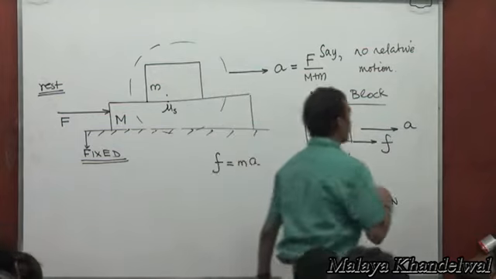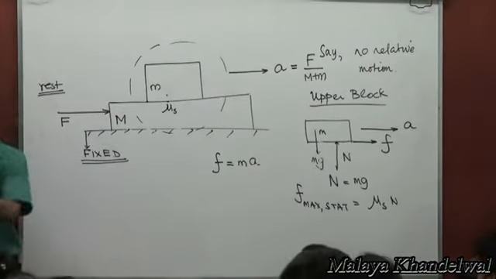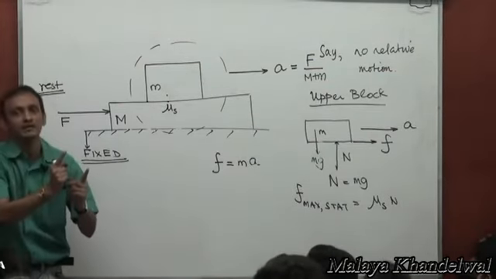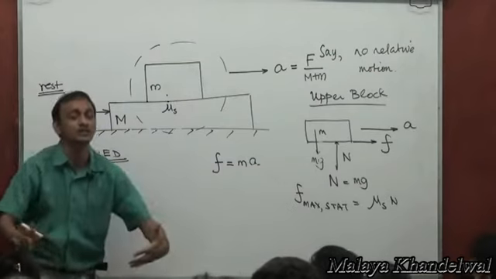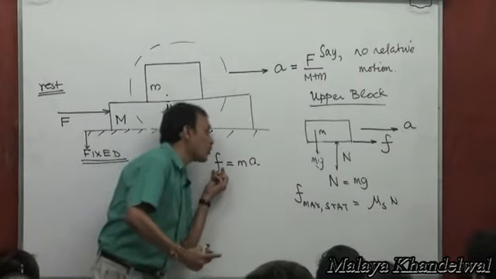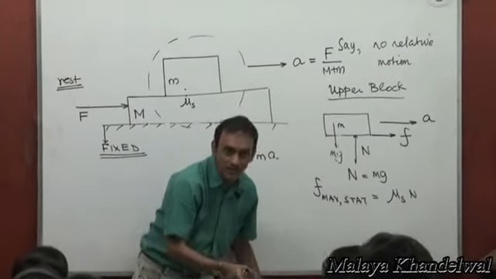So then, what's the necessary condition for small m and capital M to move as a cohesive unit, maintaining static conditions with each other? Small f must be less than or equal to maximum static friction. How about this? Right?